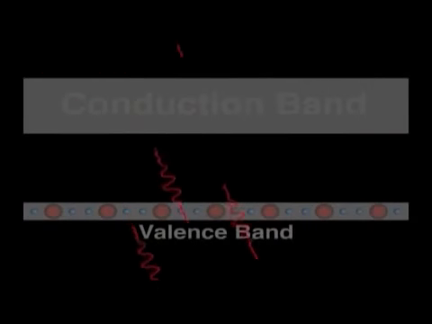Now, let's shine a light on our silicon crystal. If the incoming photon's energy is insufficient, the electron will stay in the valence band. However, if a photon of light has sufficient energy, a valence electron can absorb that photon, jumping up into the conduction band.